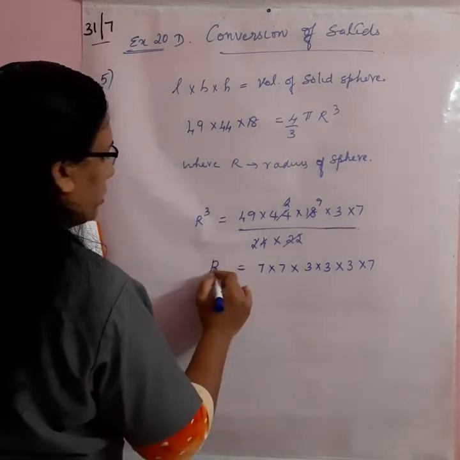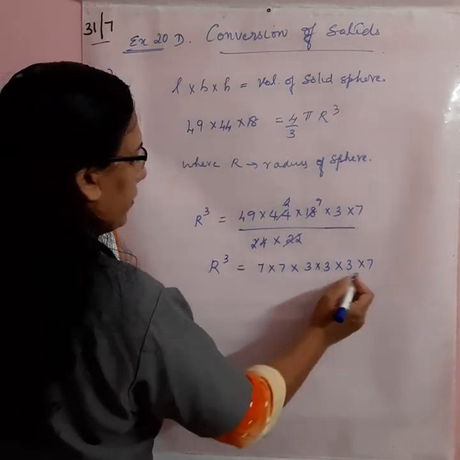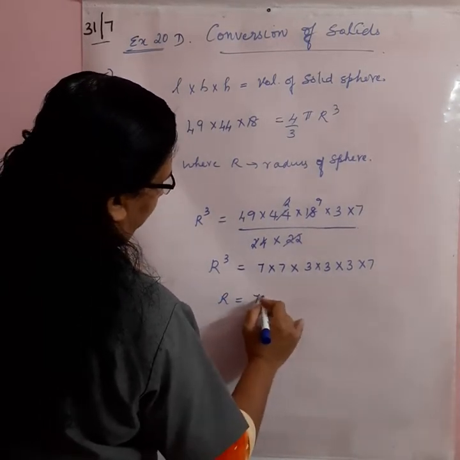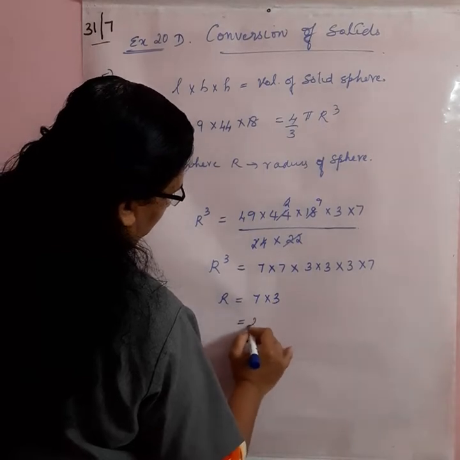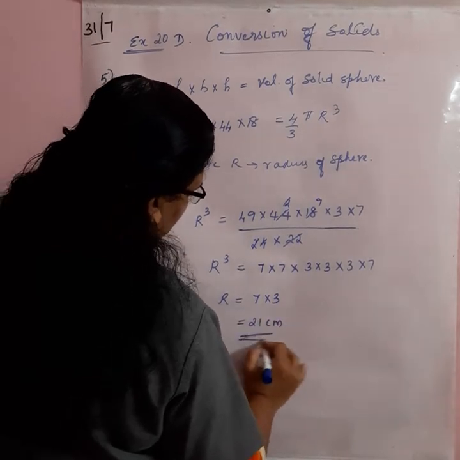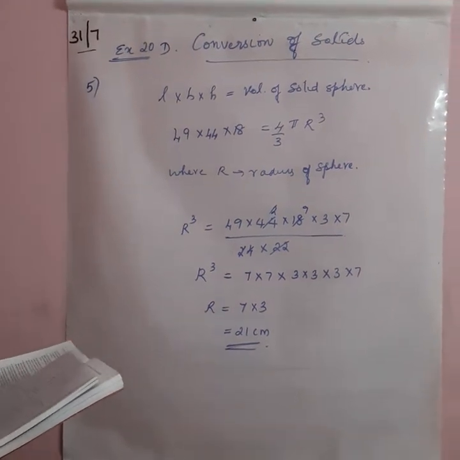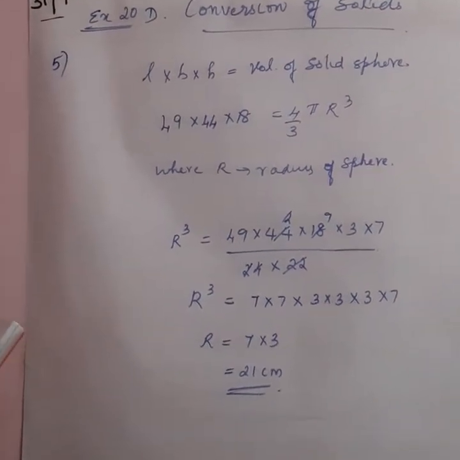So r cube is 7 into 7 into 7, 3 into 3 into 3. So what is the cube root of this? I can write 7 into 3. This is 21 centimeter. So r is equal to the cube root of that value, or r is equal to 21 centimeters.